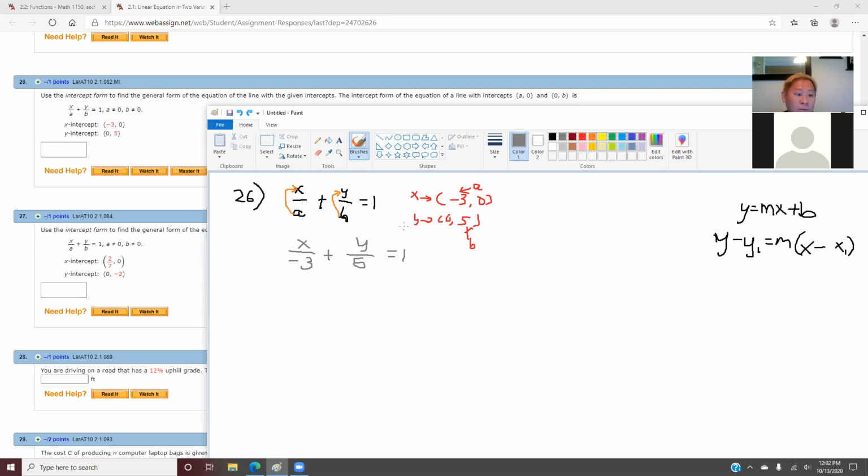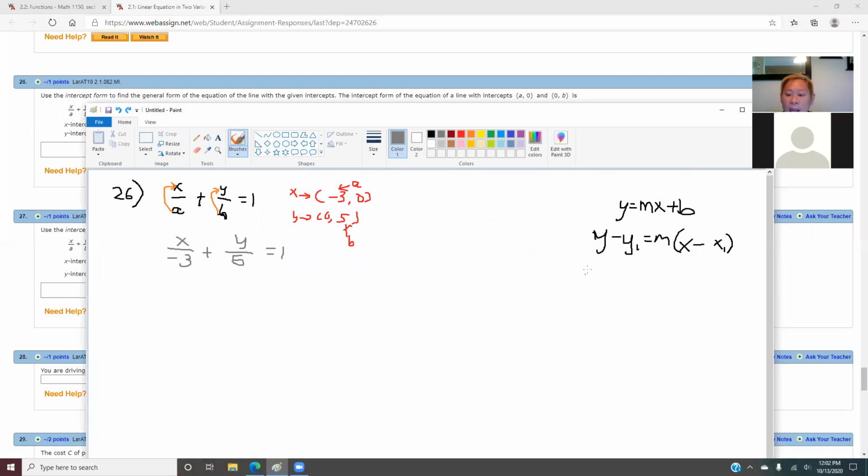If you remember, the general form of the equation is ax plus by plus c equals 0. So you want to translate this into the general form.